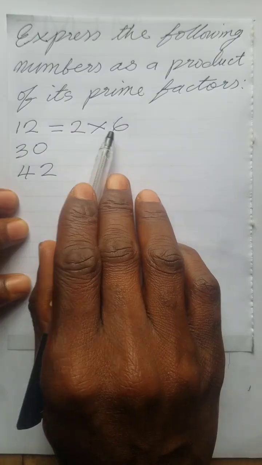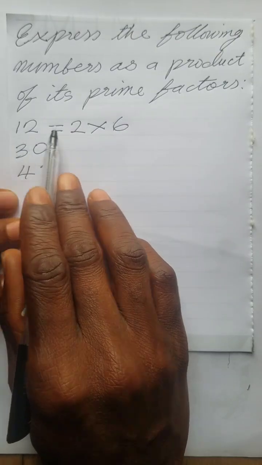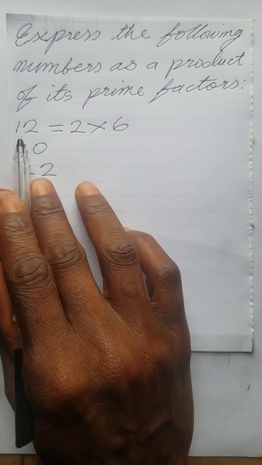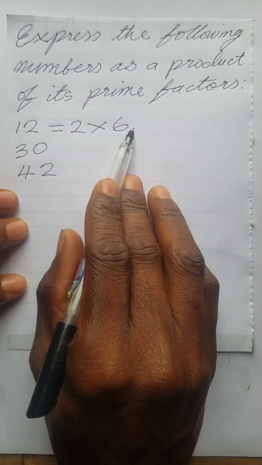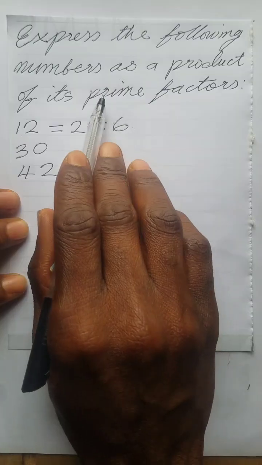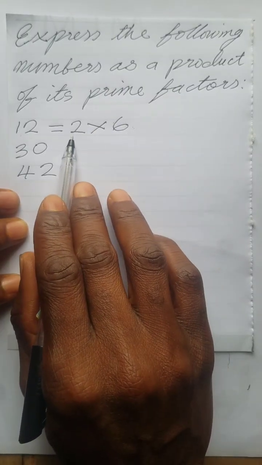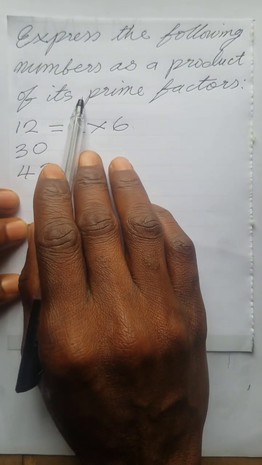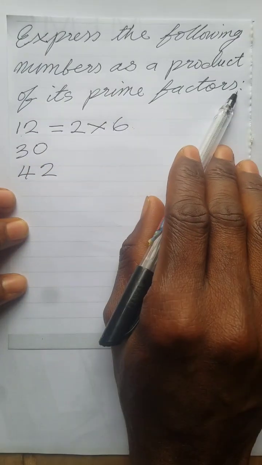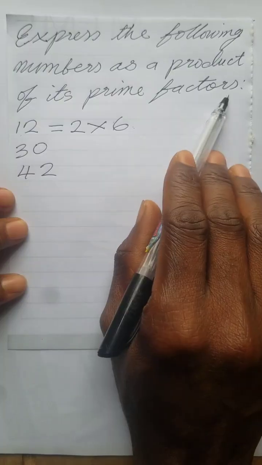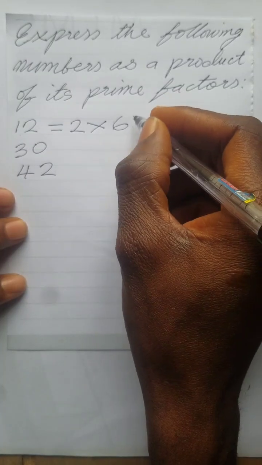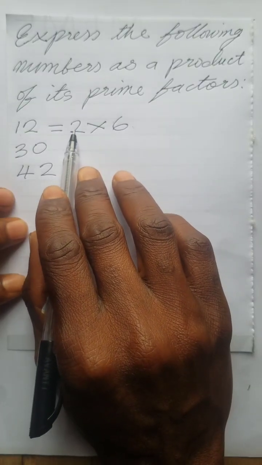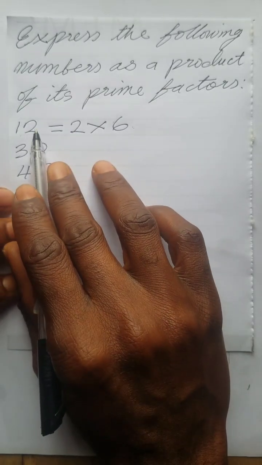This is factors of 12. Very correct. Product of 12, and they both multiply to give 12. So yes, it's correct. But the problem is that one of them isn't prime. 2 is a prime number, 6 is not a prime number. We were asked to express as product of its prime factors, not just any factor. So how can I eliminate 6 and then still have my answer multiply to give 12?